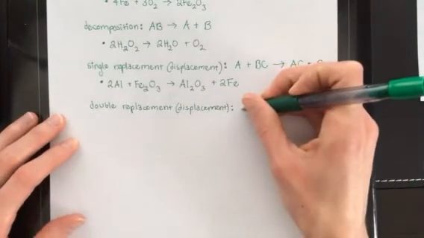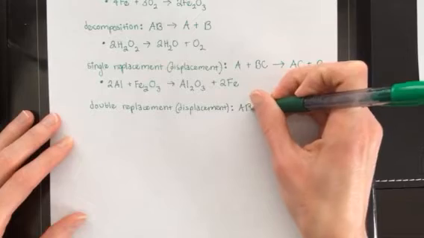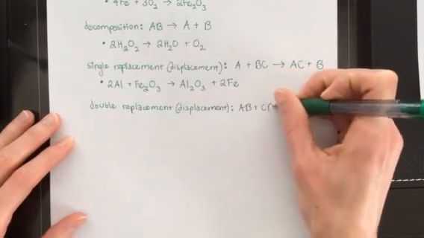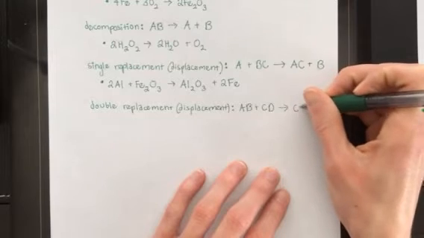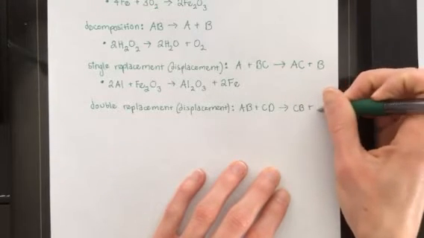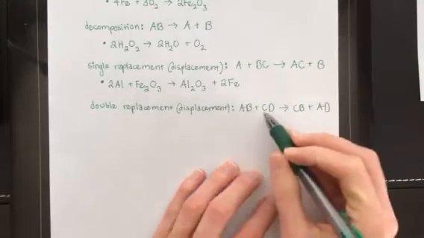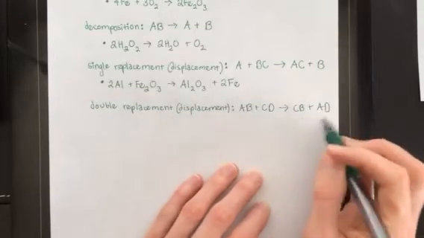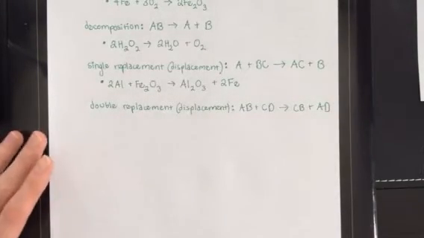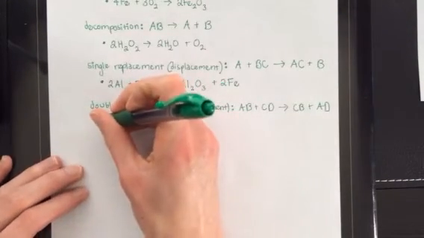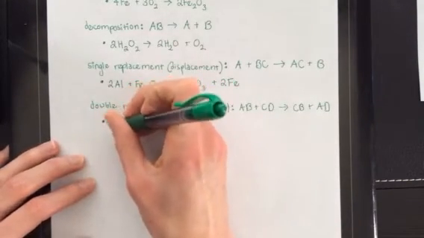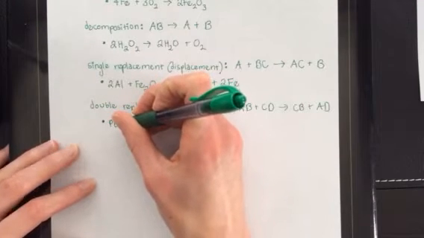So the general formula for that is going to be something like AB plus CD goes to CB plus AD. So you can see A and C switch places. So this is not something that you see commonly in your life, but it's something you've seen in the lab before. And I'll tell you where you've seen it in just a second.